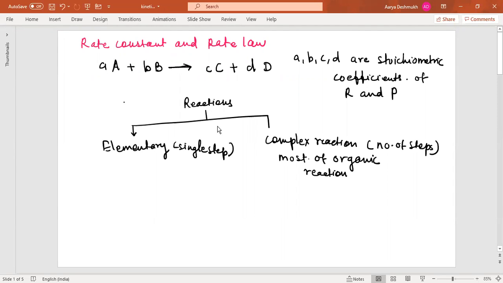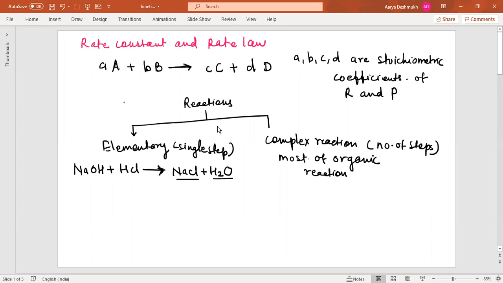Now for an elementary reaction, I can give a very simple example. That is the titration we used to perform in the laboratory, NaCl plus H2O. It is a very simple reaction, so nothing more can be expected from this reaction. The products are fixed, water molecule and NaCl, and it occurs immediately or in a single step.